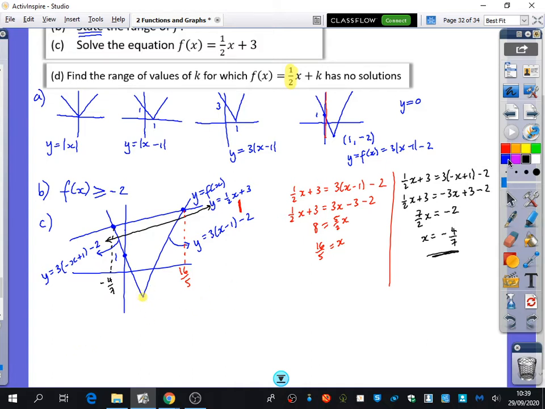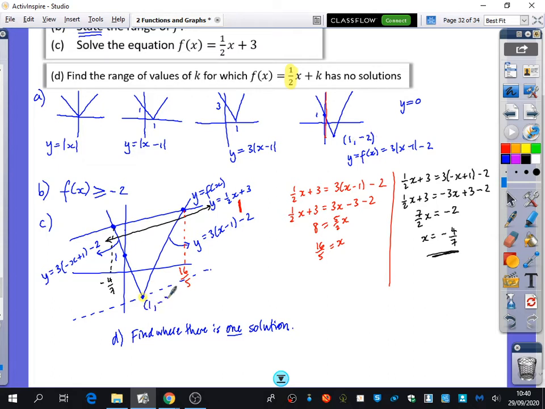So that means for part D, I will instead find where there is 1 solution. That's what I'm going to do to begin with. If I come back to this graph, that would be where it's going through this point here. And we said that this point was 1, minus 2.